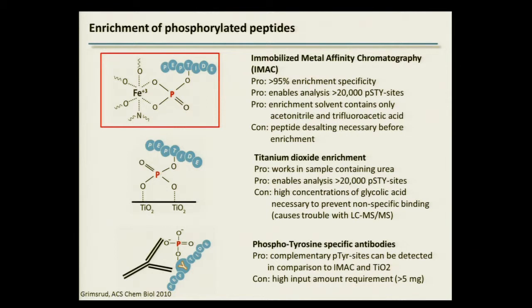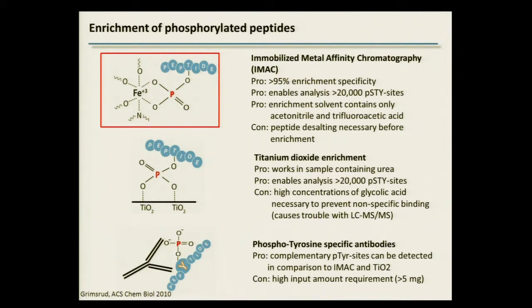For titanium dioxide, the negatively charged phosphopeptides bind to the positively charged titanium dioxide surface. The advantage here is that this enrichment works in samples that contain urea, so you don't have to do desalting before enrichment. You can analyze more than 20,000 sites also with this technique.